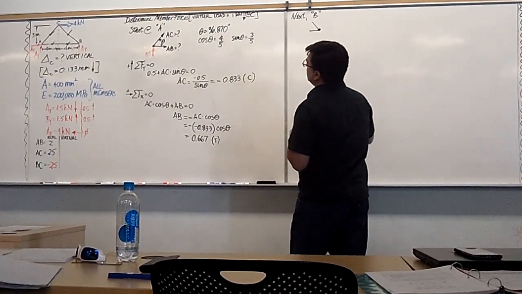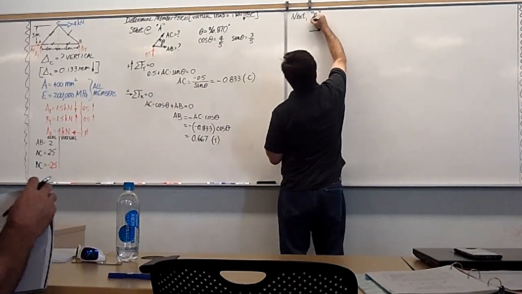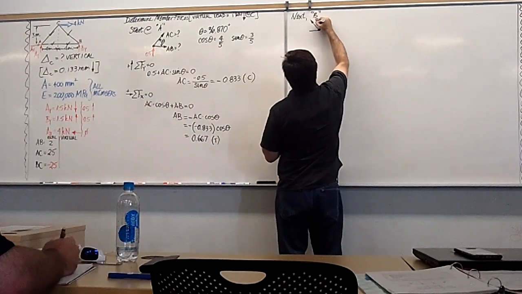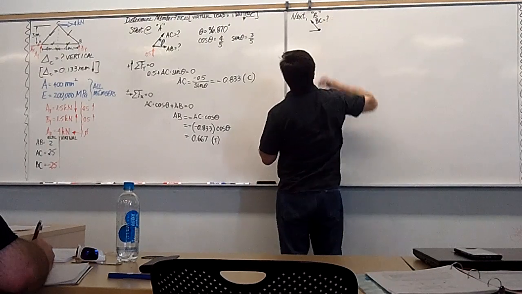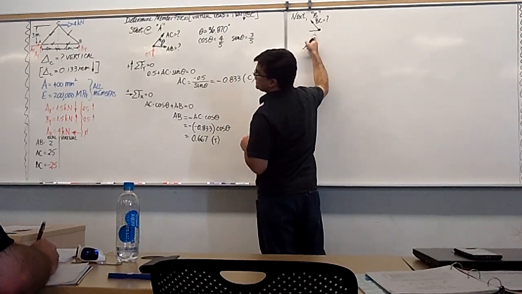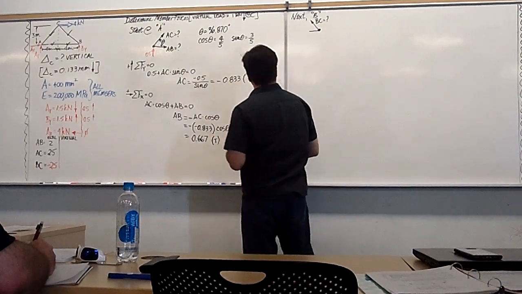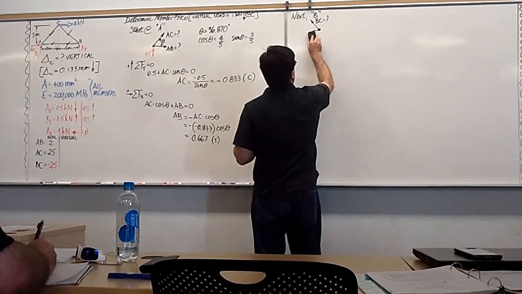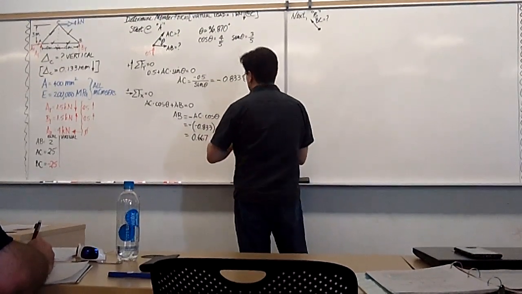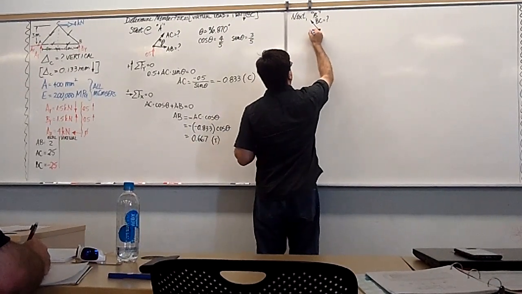We have BC. We don't know what it is, so I'm going to guess tension. This is AB. We do know what AB is right here, so I'm just going to show it in tension like this.